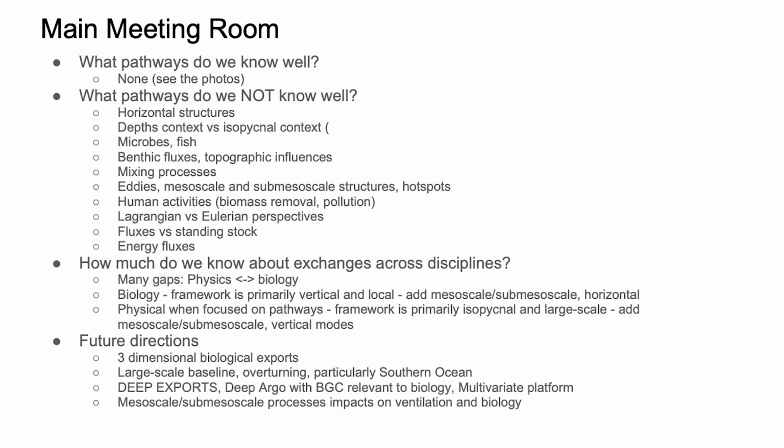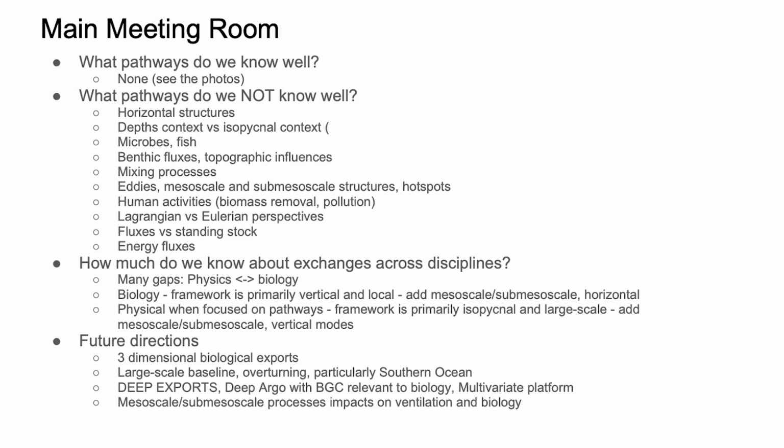So the horizontal structures, this is mostly a depth perspective versus an isopycnal perspective, where things are flat versus tilted, along isopycnals, across depths. Microbes, fish, benthic fluxes, topographic influences, mixing processes, the eddies, the mesoscale, and the submesoscale structures.